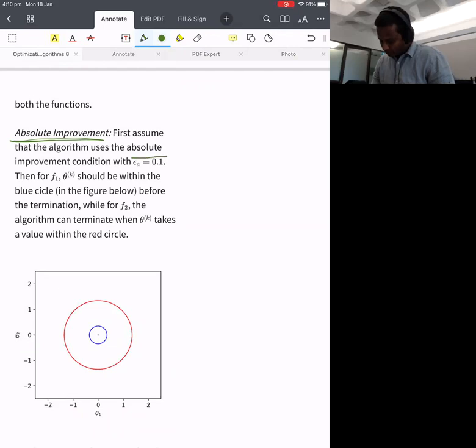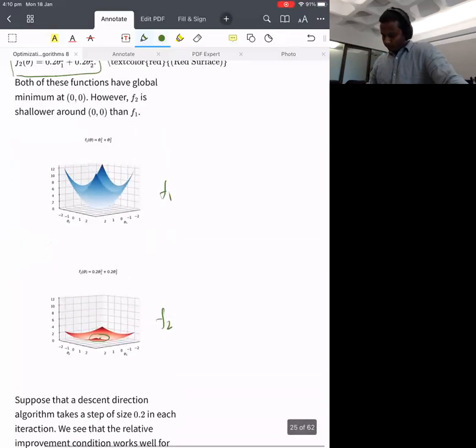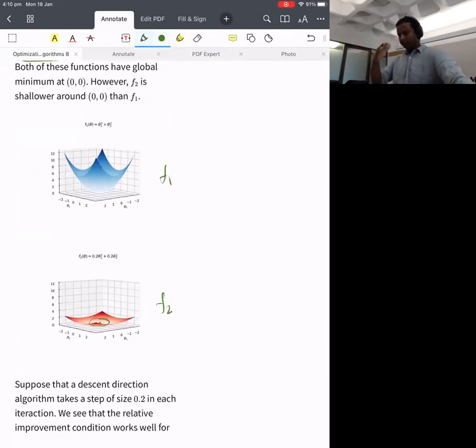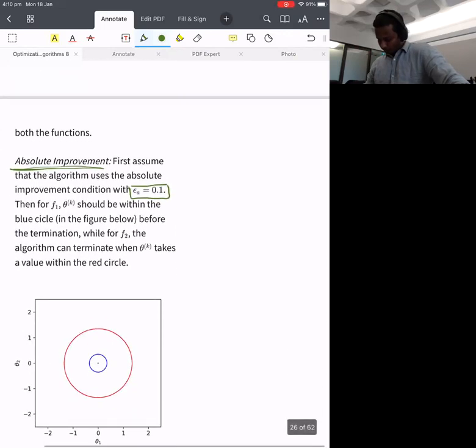Suppose you fix the error tolerance as 0.1 in all three cases. Then you can see this is a plot of two circles. First one, f1, has a deep blue curve, which is deeper at the center point, the minimum point, and f2 is shallower.